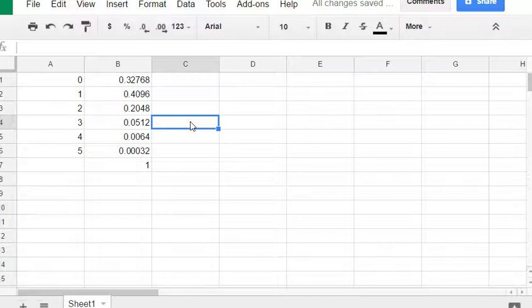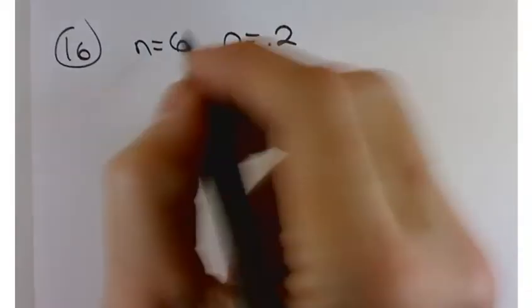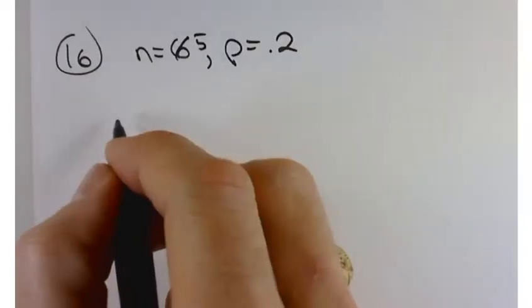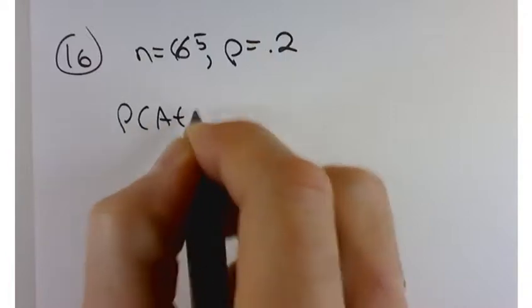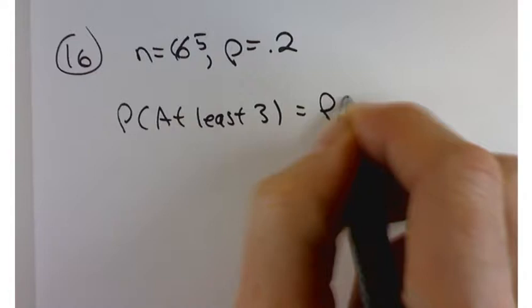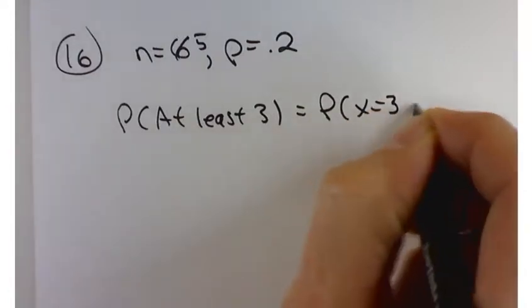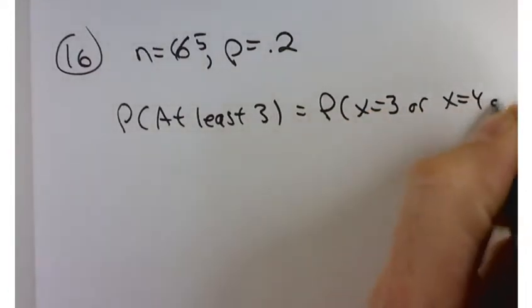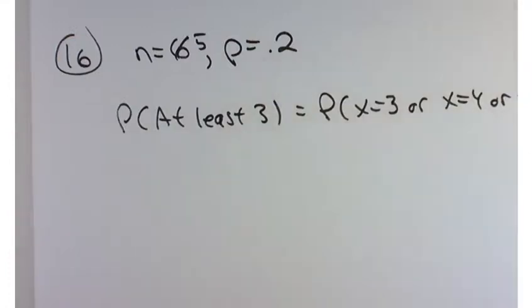Yeah, 3, 4, and 5. So looking back here, oops, not there. There. So that should be a 5. Probability of at least 3 equals probability of x equal 3, or x equal 4, or x equals 5.